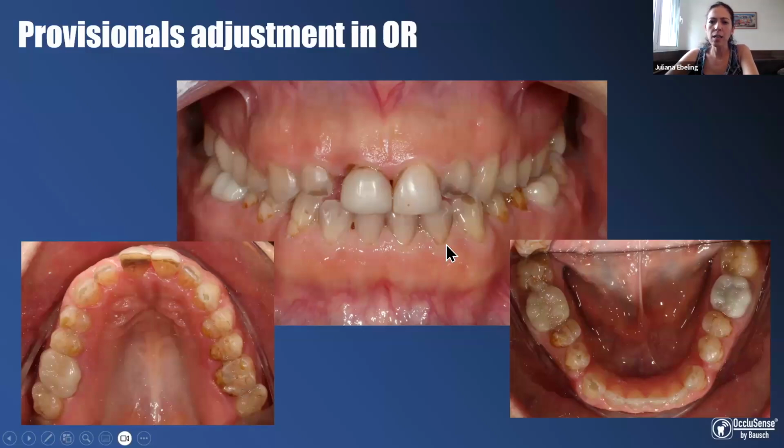This patient arrived with a lot of sensitivity in all the teeth. She had gastric reflux, and this is an acid erosion. And a very destroyed cross bite, and we indicated orthodontic movements for this case before starting the rehabilitation.